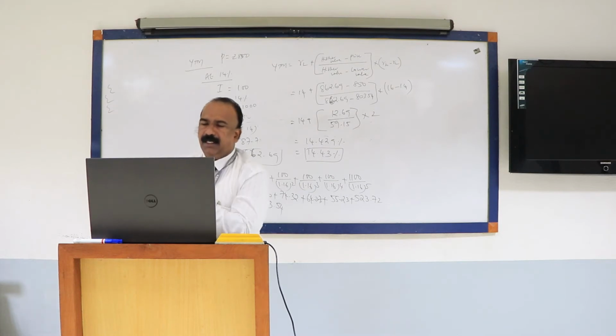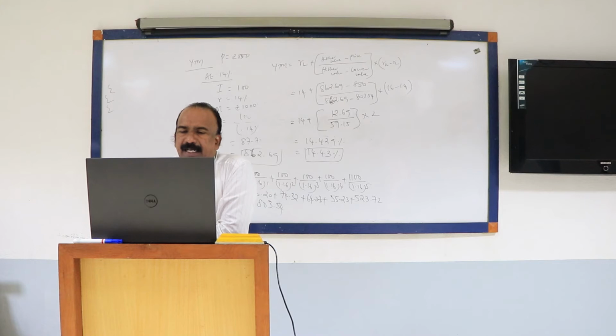But in the case, the answer they have given uses table values. Look at this: 100 into present value interest factor annuity, 14%, 5 years. It is given there? PVIFA, present value interest factor annuity, that means table 4.